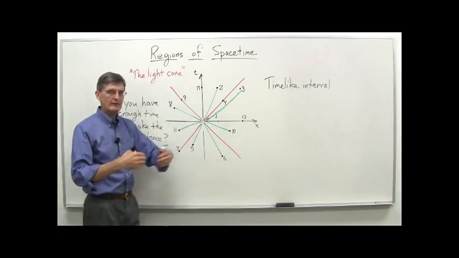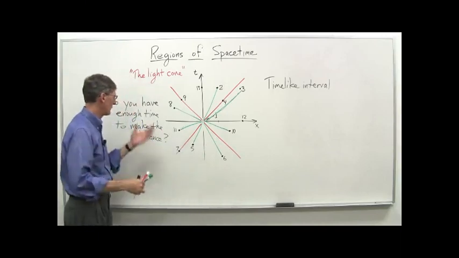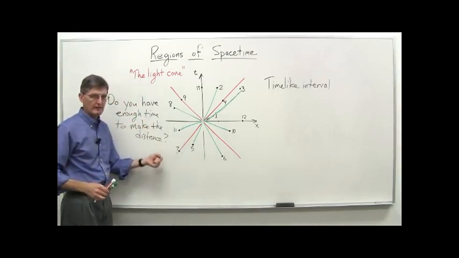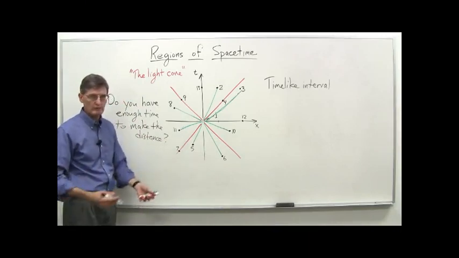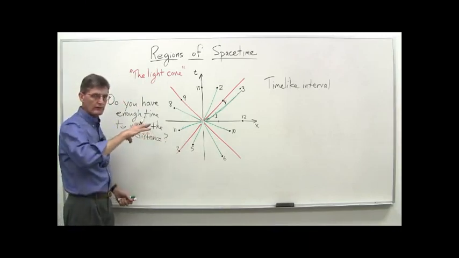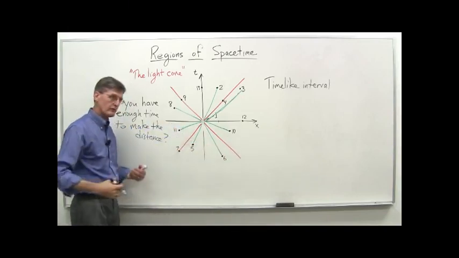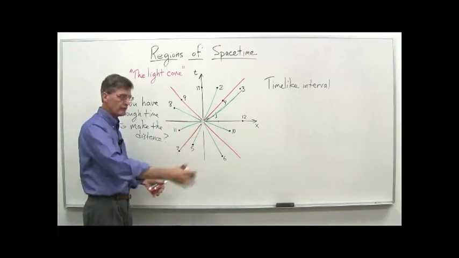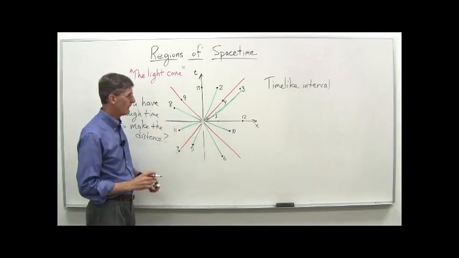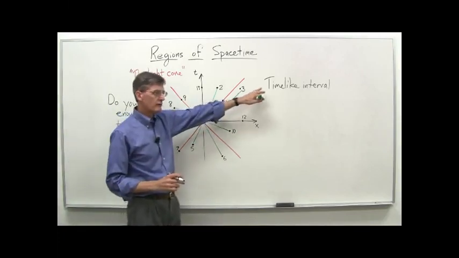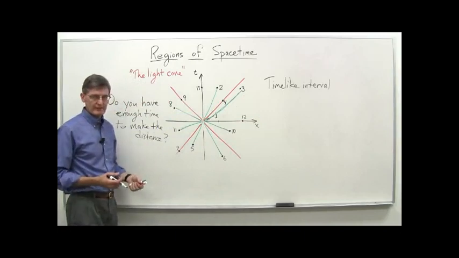Do I have enough time to get there, given the distance and the speed that I can go? So that's really what we're asking here, whether by car or walking, going from one point in space to another through time as well, because as I'm walking, time is ticking on too. So I'm traveling through both space and time. And a time-like interval is such that, yes, you do have time to get there.